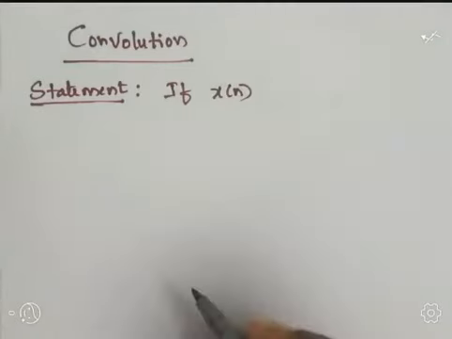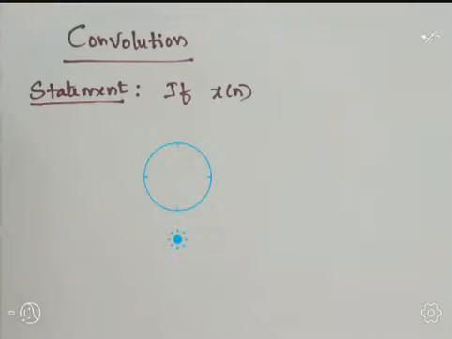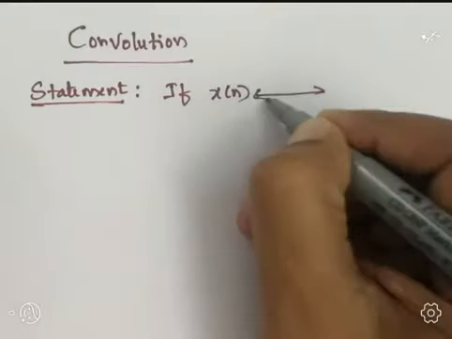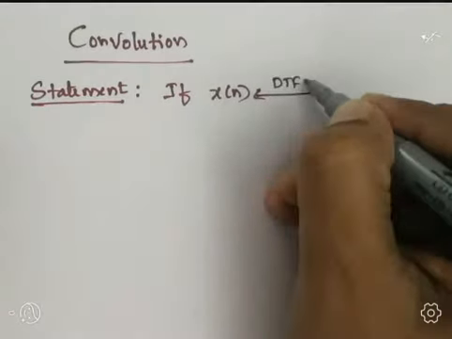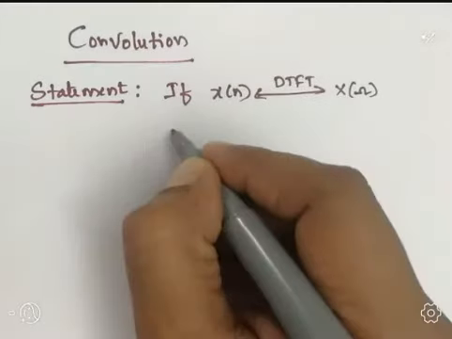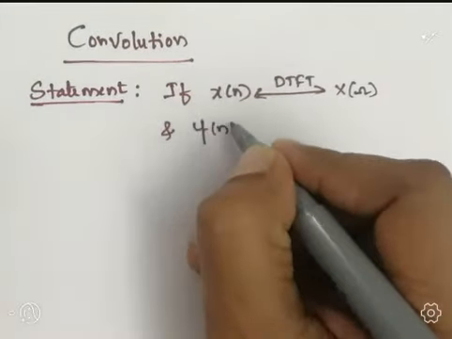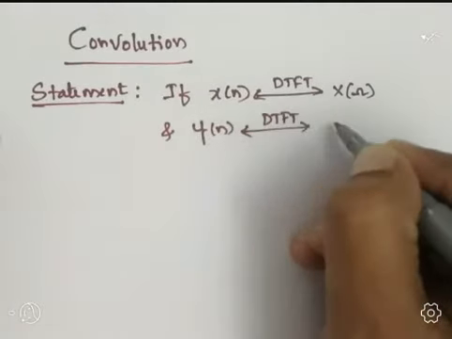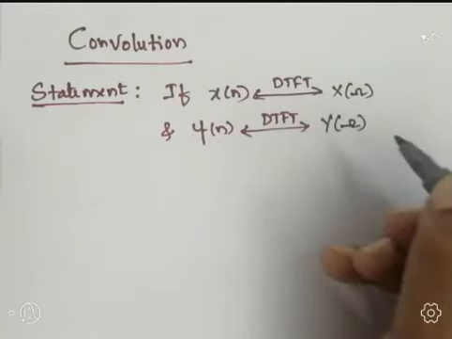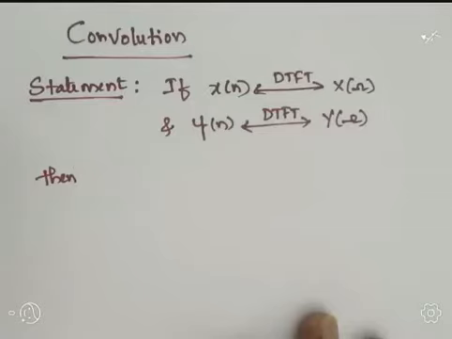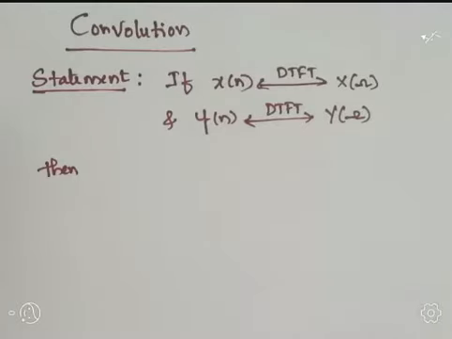Convolution property of DTFT. First, we will see the statement of this property. If x of n has DTFT pair, that is X of omega, and y of n has DTFT pair, that is Y of omega, then the statement of convolution of DTFT is as follows.